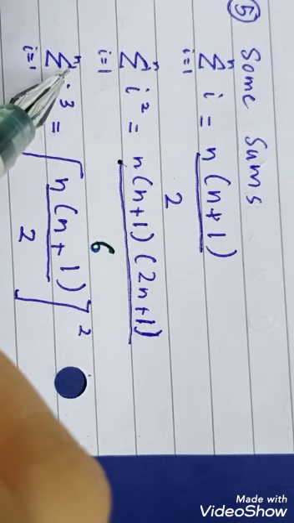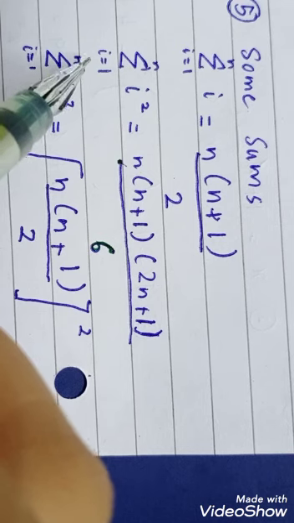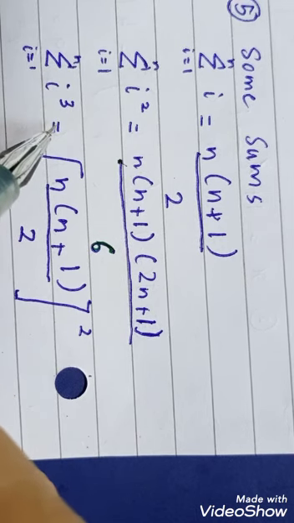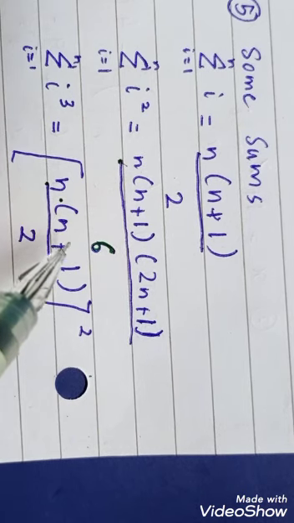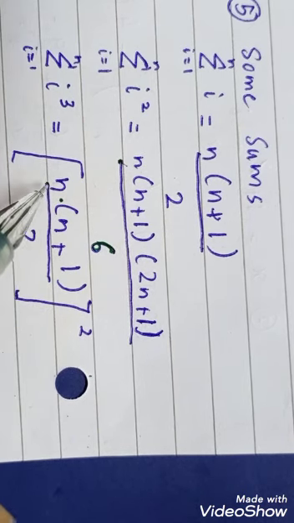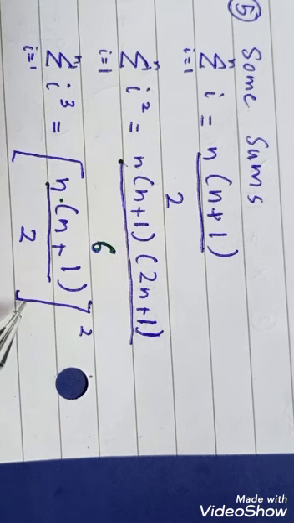Then the sum from i equals 1 to n of i cubed equals n times (n plus 1) over 2, and this whole thing is squared.